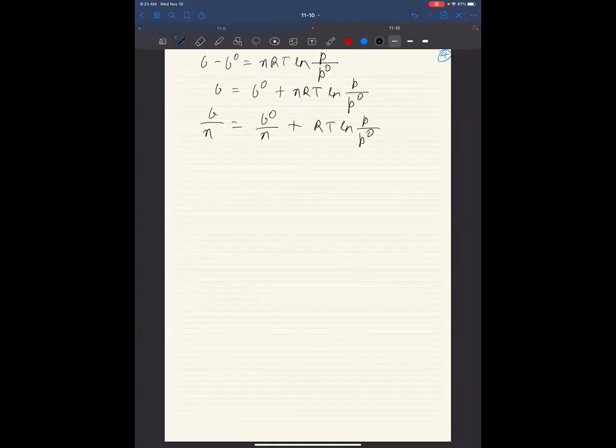What did we just study about G by n for a single component system? It is the chemical potential. So through this, we get the relation mu is equal to mu naught plus RT ln P by P naught.